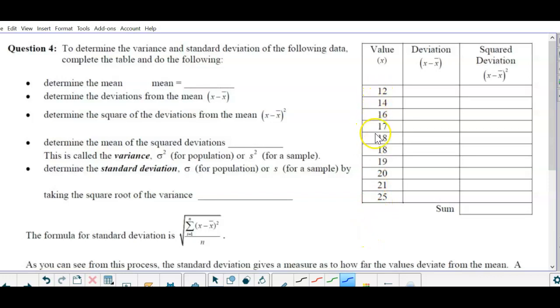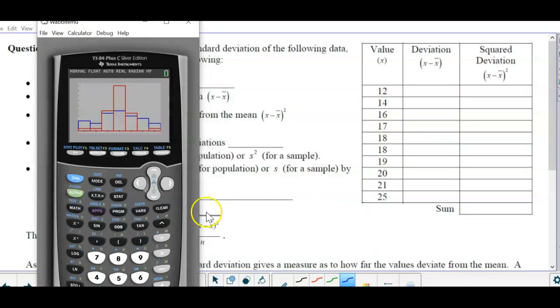1, 2, 3, 4, 5, 6, 7, 8, 9, 10. Okay, so notice it's not a frequency chart because there's 2 18s. All right, so just add them up.